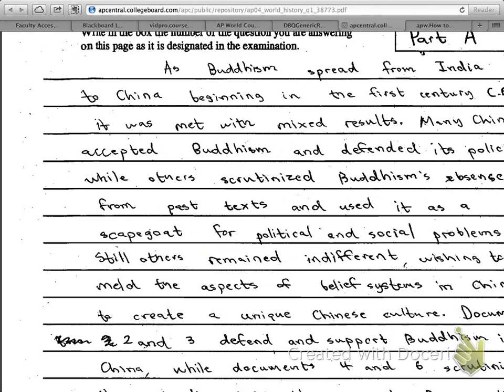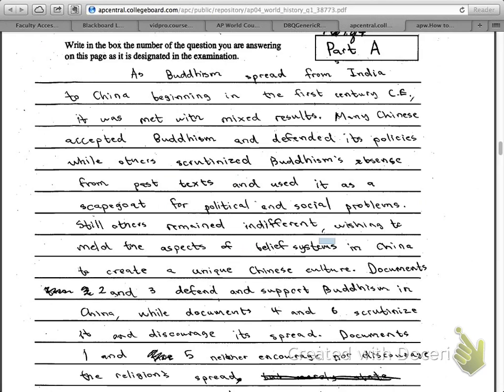So I want us all, as a class, to read this response here. It got a 9, so a perfect score on this question. First of all, let's start reading, and raise your hand when you start to notice what you think is a thesis, okay?